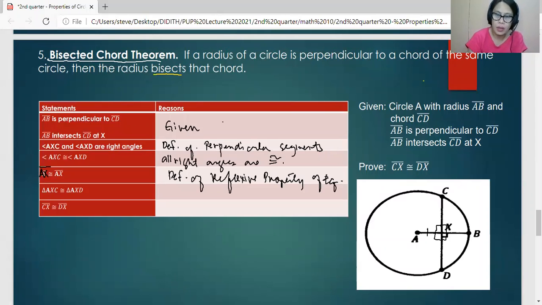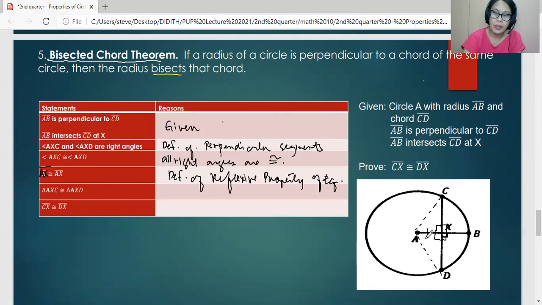So let's create this side and this side. So triangle AXC is congruent to triangle AXD. Okay. So I have recalled some right triangle congruence theorems. So we have one already. So this is the leg.